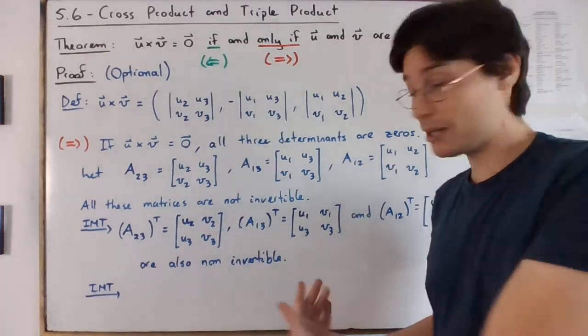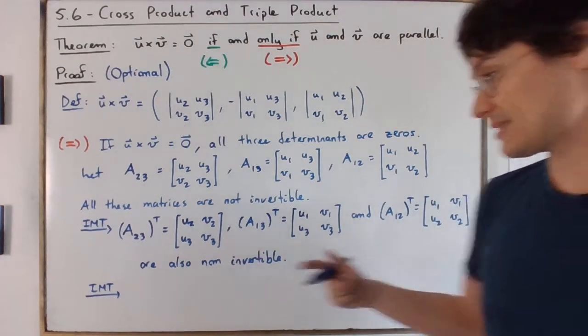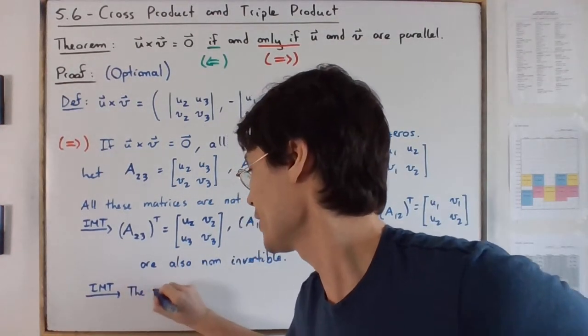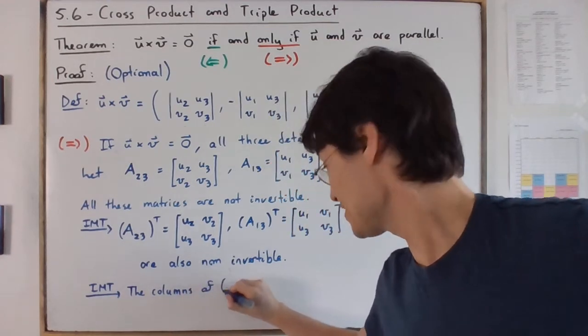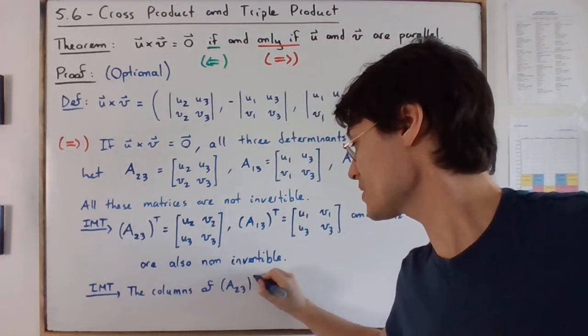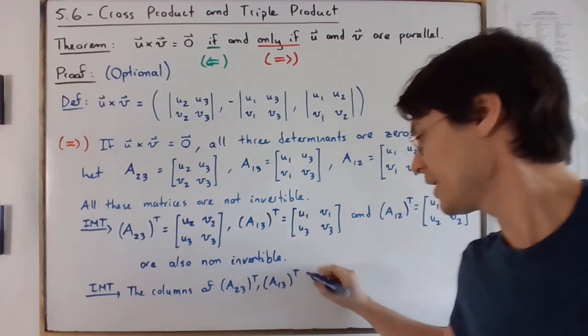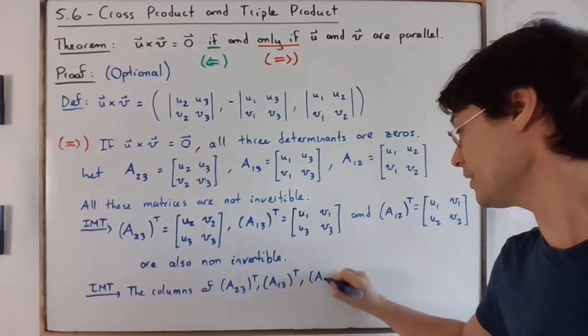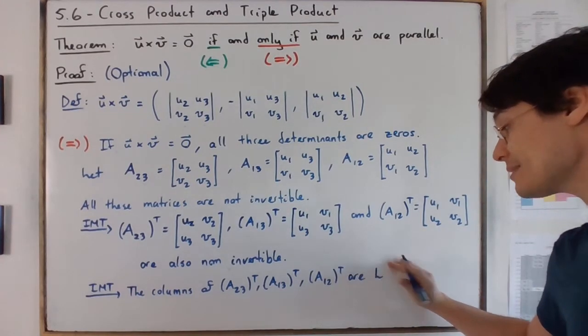It means that the columns of these matrices are linearly dependent. So the columns of these 3 matrices, right? A2, 3 transpose, A1, 3 transpose, and A1, 2 transpose are linearly dependent.